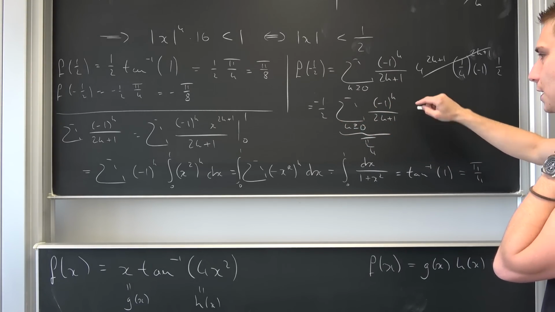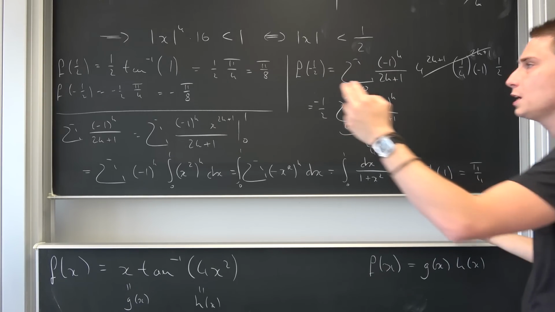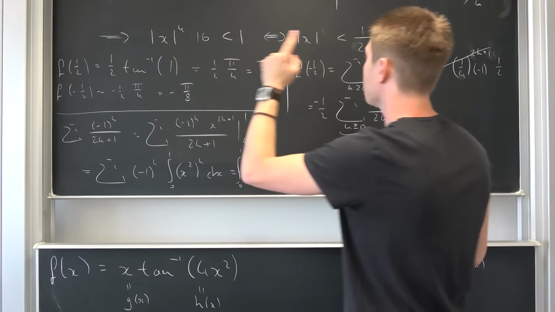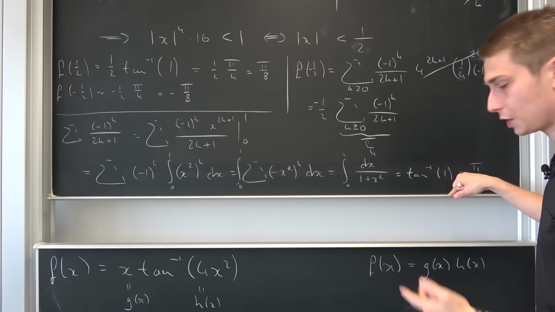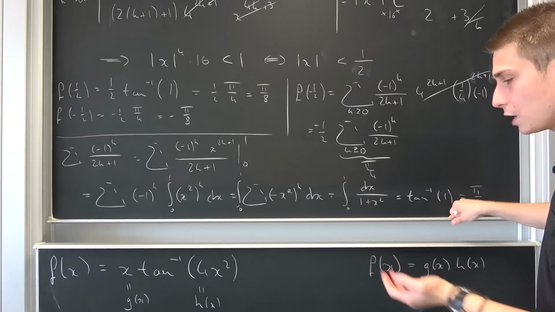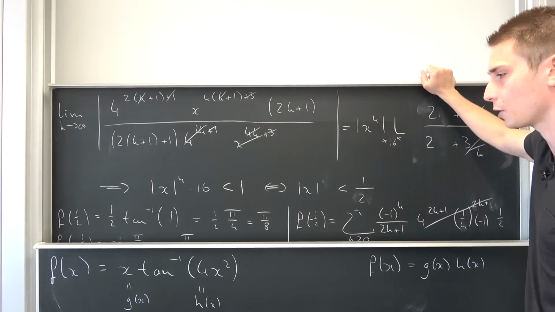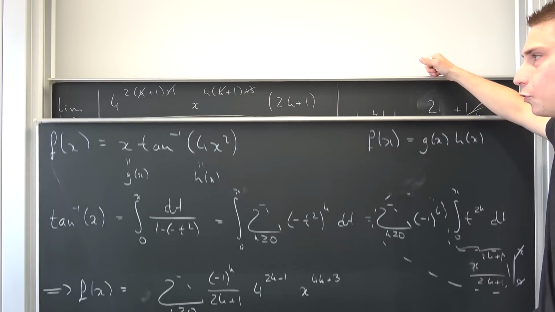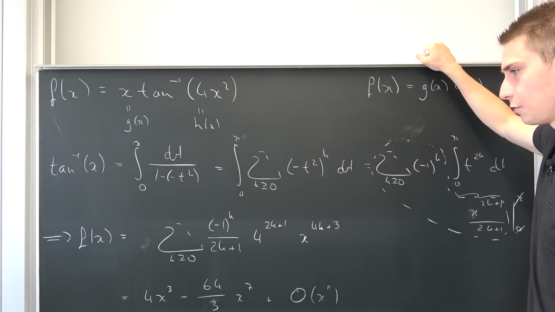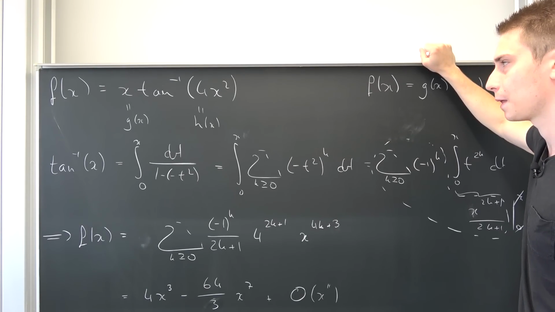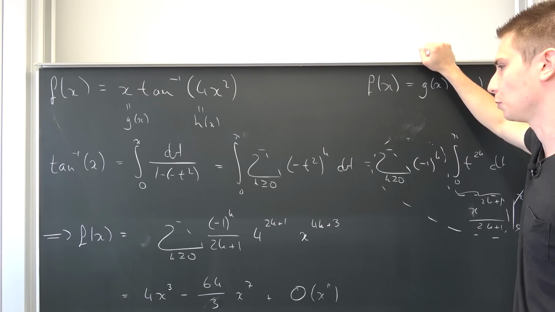So this is just -1/2 times pi over 4. It's -pi/8. So it does converge on the endpoints. This is what I meant. You can't be sure after integration if our endpoints still act the same as before. This is the only thing you really have to be careful about.